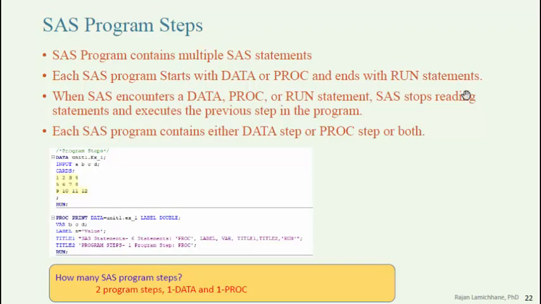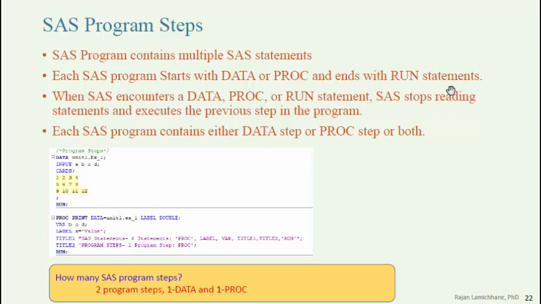A SAS program step is a combination of SAS statements. Each SAS program step starts with either data or proc and ends with run. Each SAS program contains multiple statements, but all of these SAS statements are executed by using the run statement.